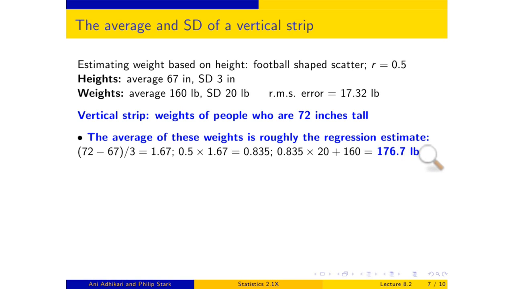Well, surely they also have an SD. So what's the SD of these weights? Well, now let's see what we've got going for us. The center is on the regression line roughly.